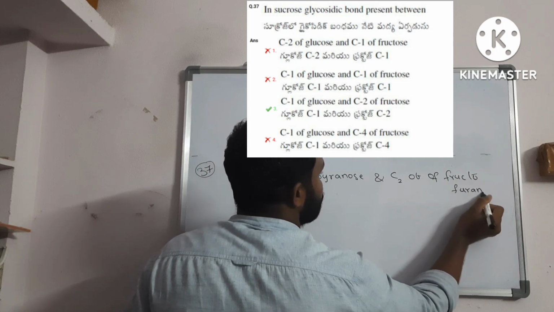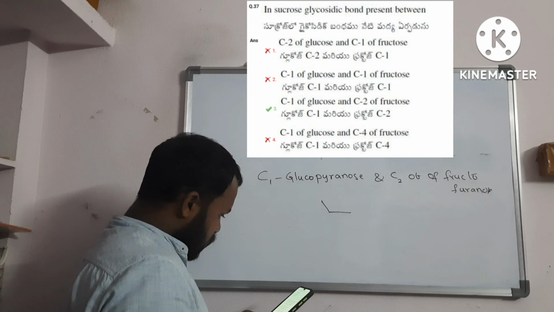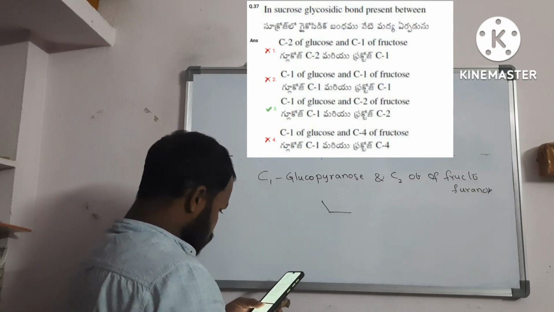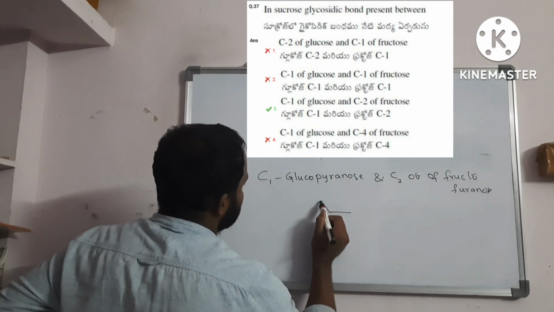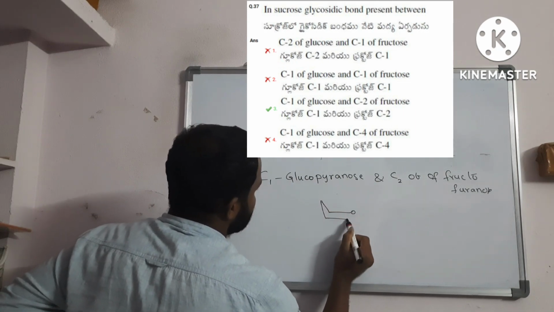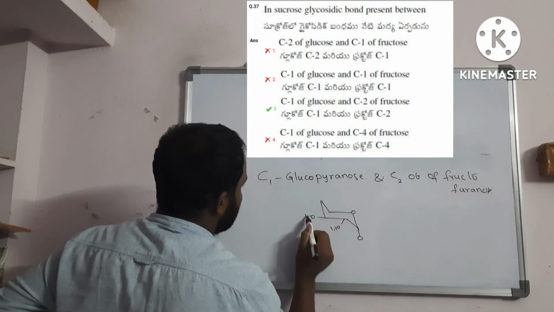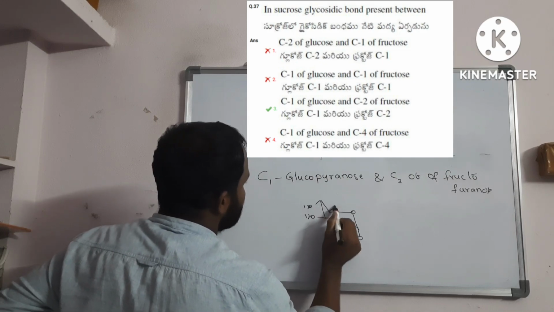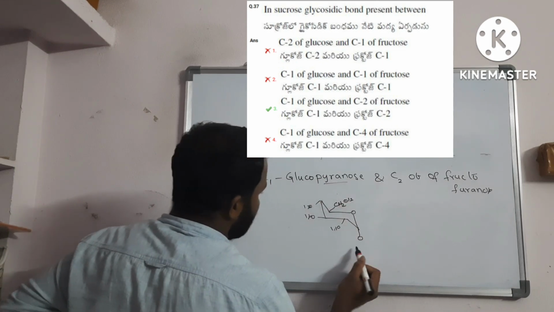If I write this directly, this is sucrose. They asked about the sucrose glycosidic bond, right? So if I directly write the structure like this, this is the pyranose structure of glucose.